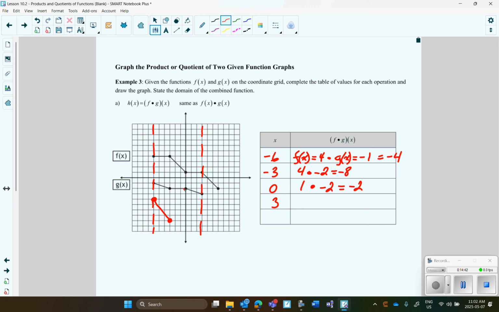So 0, -2. And finally, when x is 3, the value of this one is 1 times the y value of the other graph at x equals 3, which is -3, which gives me -3. So it's the same. That funky looking thing is the graph when I multiply function f by function g.